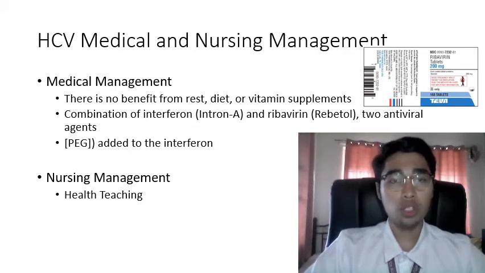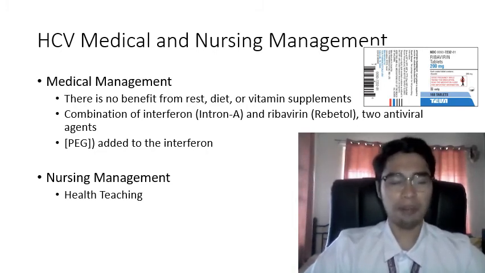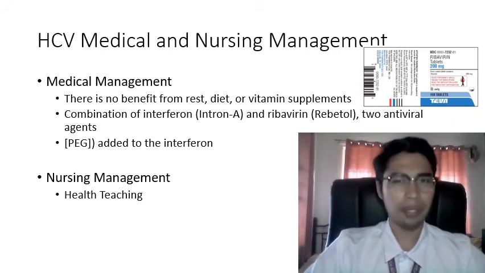Ribavirin must be used with caution in women of childbearing age. Nursing management is basically health teaching. What we have learned from hepatitis A and hepatitis B can be applied to hepatitis C, and to all viral hepatitis infections, because it's affecting one organ, which is the liver.